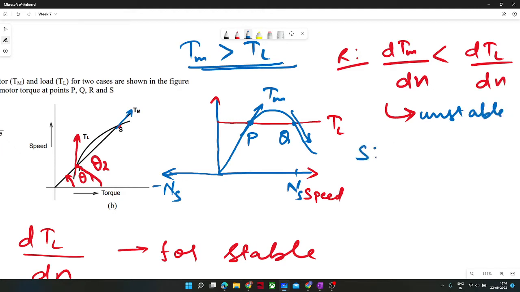At S also, what is happening? The reverse is happening, right? dTL by dn is less than dTm by dn.